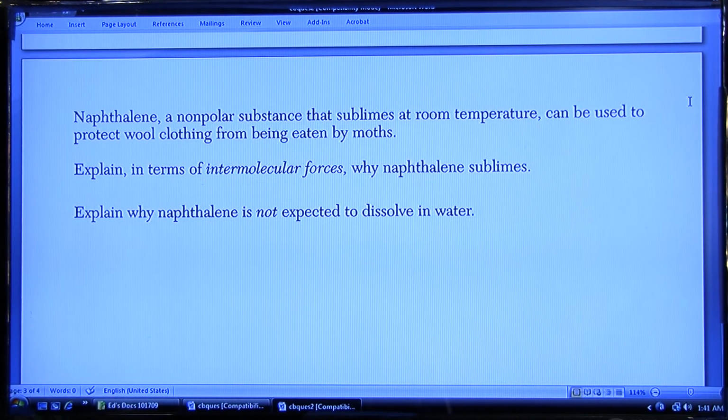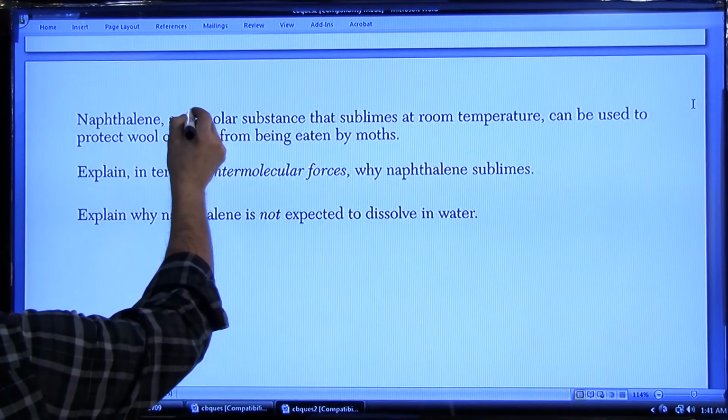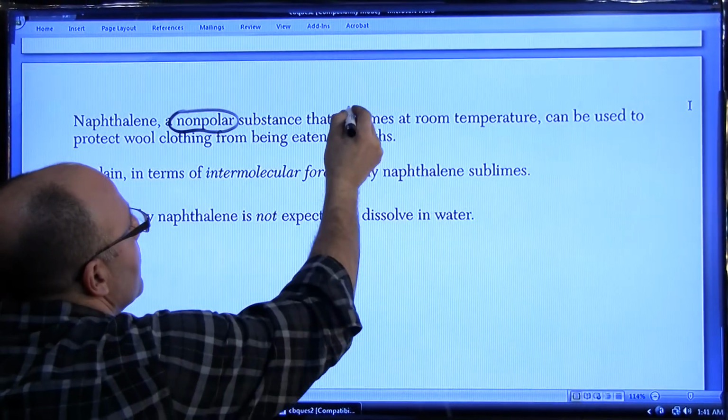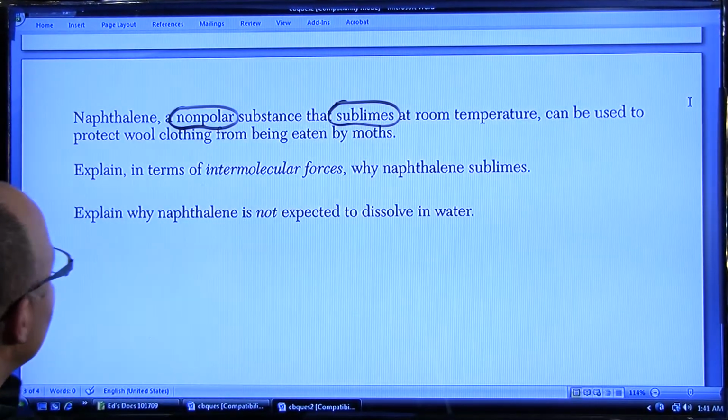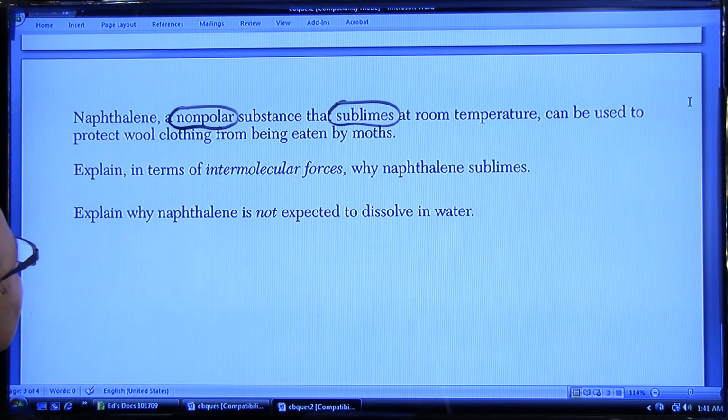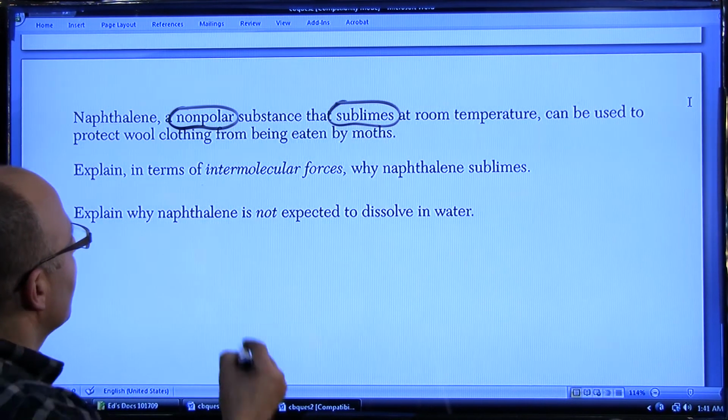Next, naphthalene, a non-polar substance that sublimes at room temperature, remember solid to gas, can be used to protect wool clothing from being eaten by moths. Yeah, naphthalene makes mothballs. Explain in terms of intermolecular forces why naphthalene sublimes.